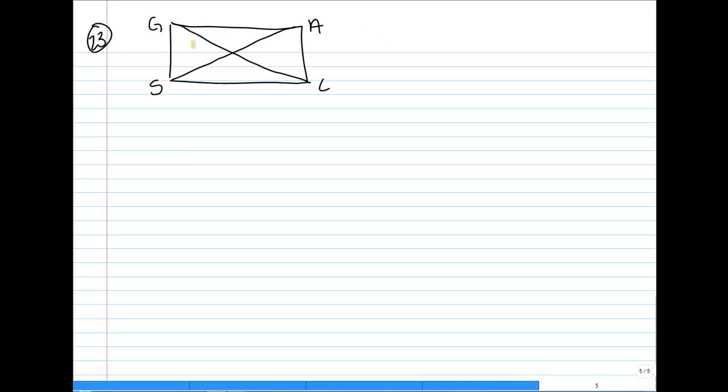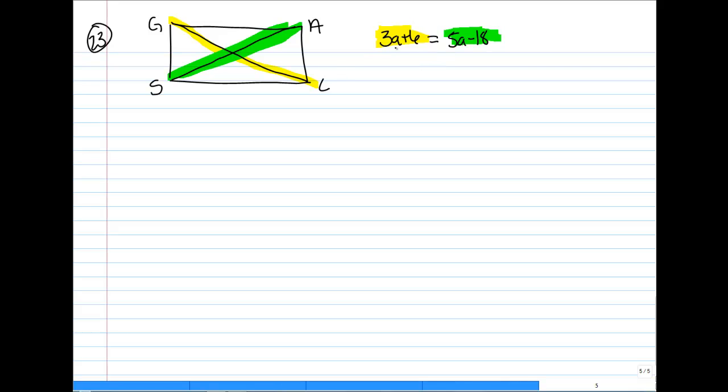If GL is 3a plus 6, and AS, and remember that those are actually equal to each other, and AS is 5a minus 18.